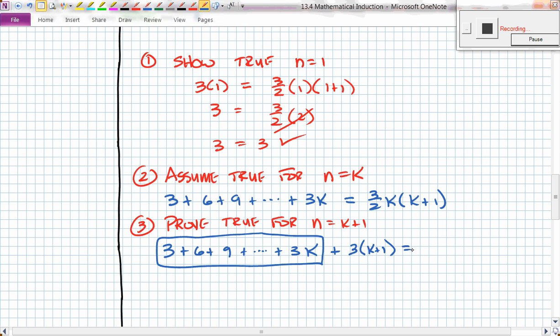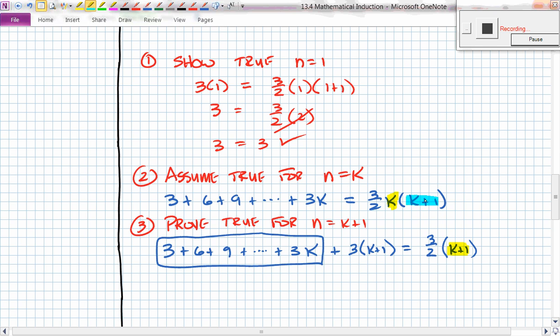Now, on the other side, we have to replace every k with a k plus 1 because we're going to the next term. So I'm going to have this 3 halves. Now watch what I'm going to do for you for highlighter's sake. This k over here becomes my new k plus 1. So notice I replaced that k with a k plus 1 term. You guys cool with that part? Now, k plus 1, check it out.